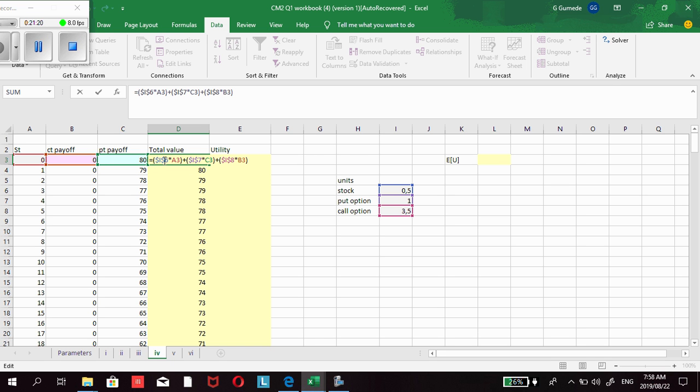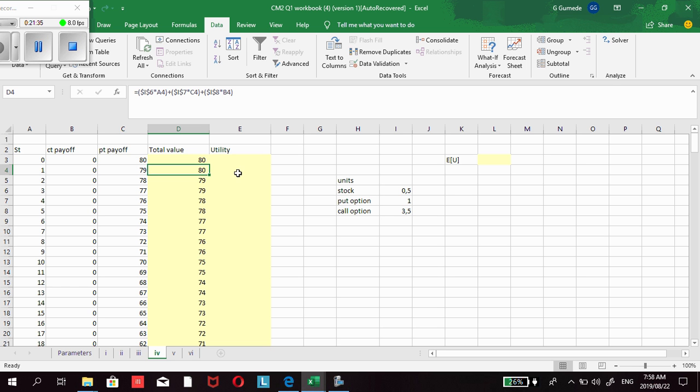And if you put a dollar on both, you're locking them going across and going down. But in this case, we are going down only, so we don't have to do that. I'm going to have a session on this. Okay, so those are my values.